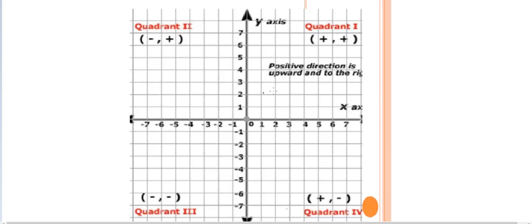See, this is my number line 1 and this is my number line 2. My first number line is known as the x-axis. This is my abscissa.